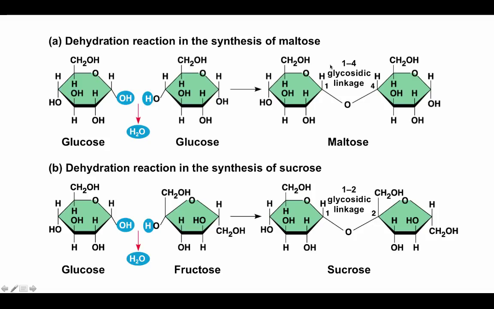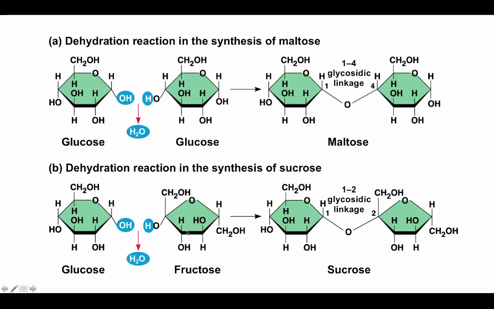This was what we call a 1,4 glycosidic linkage, because carbon 1 is going to make a link with the carbon 4 on the other ring, but it doesn't necessarily have to be that way. So this is an example of creating sucrose from glucose and fructose. You don't have to have the exact same 2 sugars as your monomers.